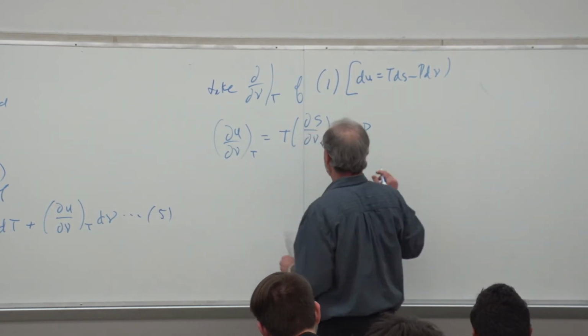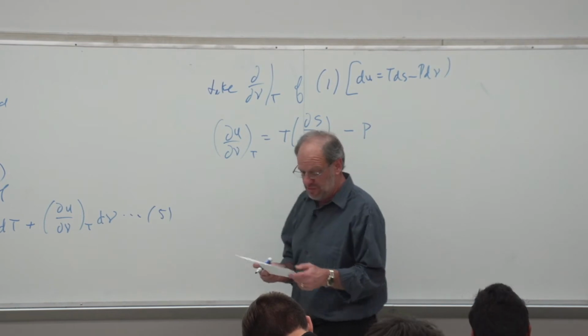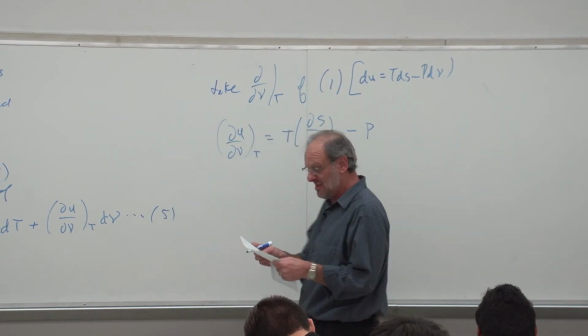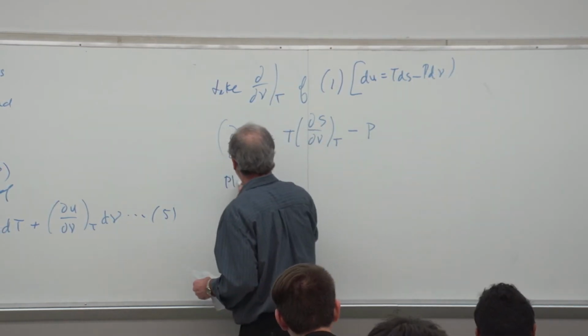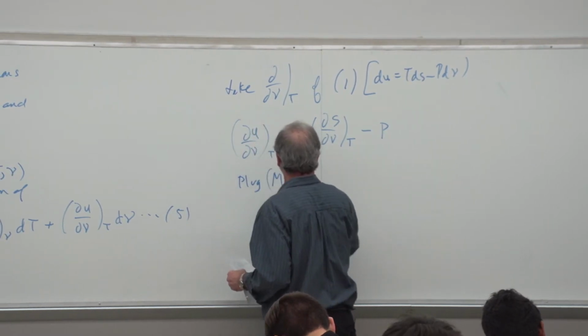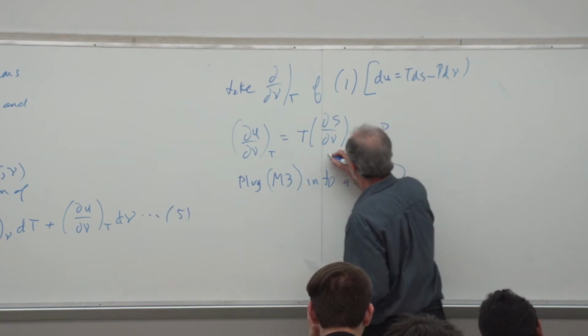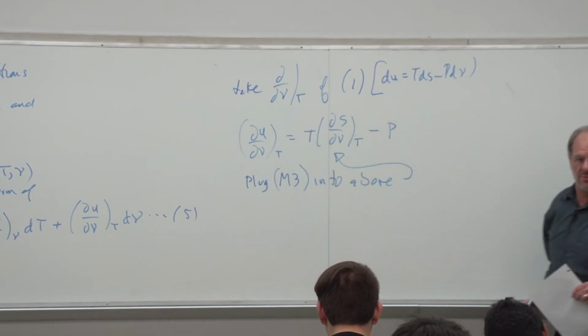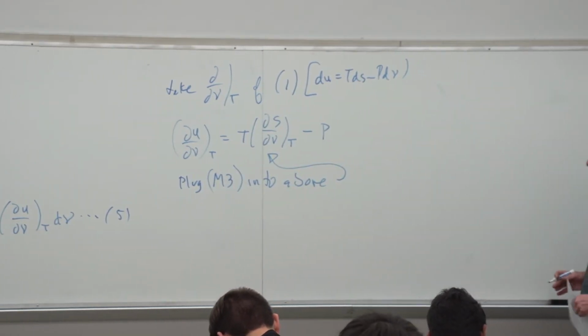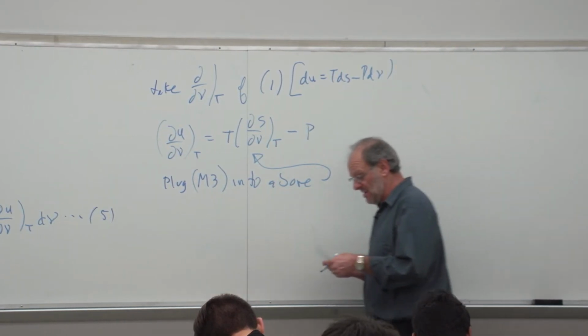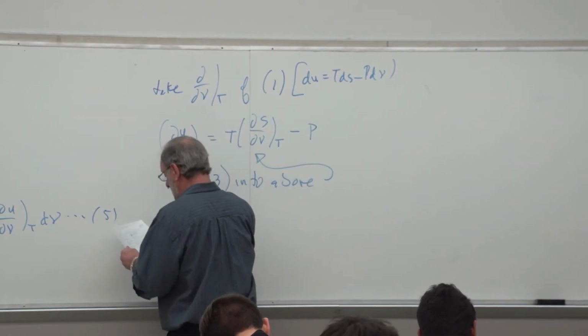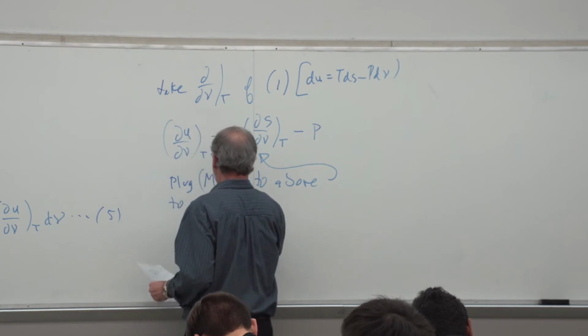Okay. And now I want to plug the third Maxwell relation into the above. The third Maxwell relation is the one that relates del S del V t. So I'm going to plug that into the equation above, and we'll get the following.